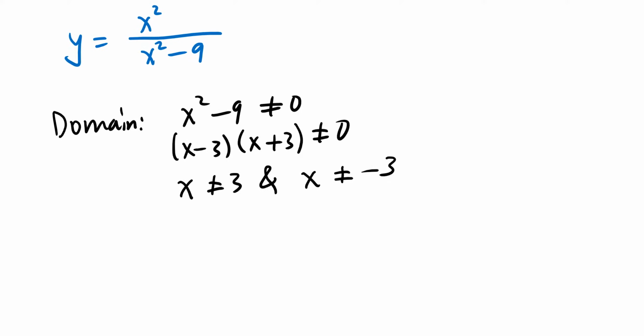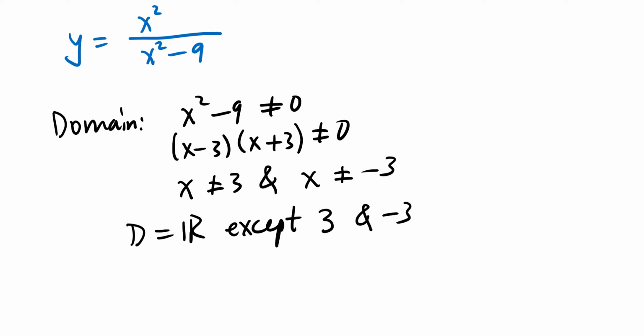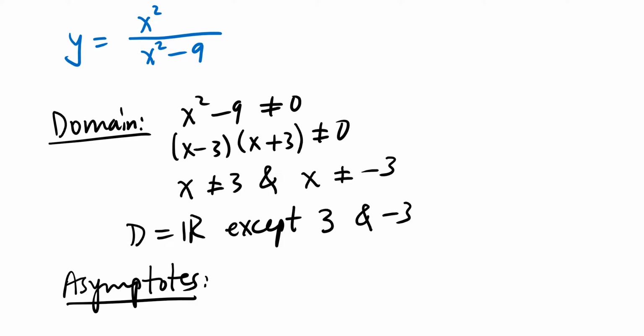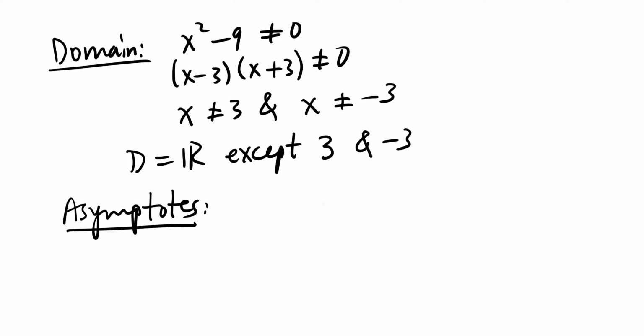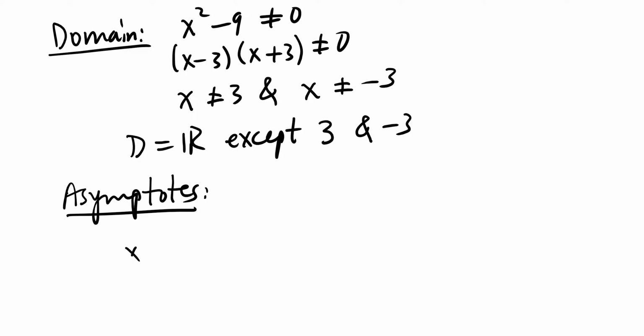So the domain is all real numbers except 3 and -3. And those are, as I said before, the vertical asymptotes. So x equals 3 and x equals -3 are vertical asymptotes.